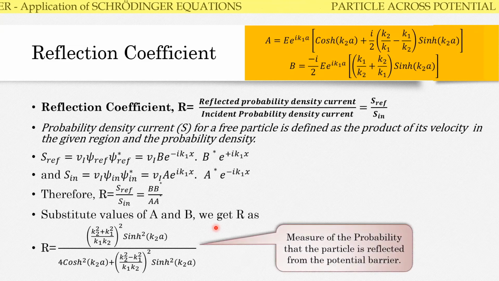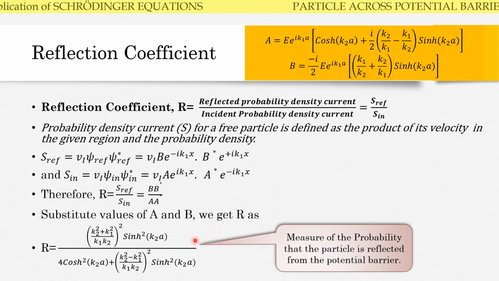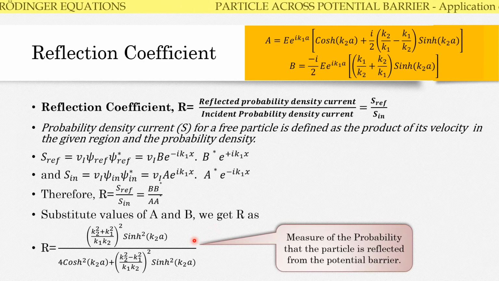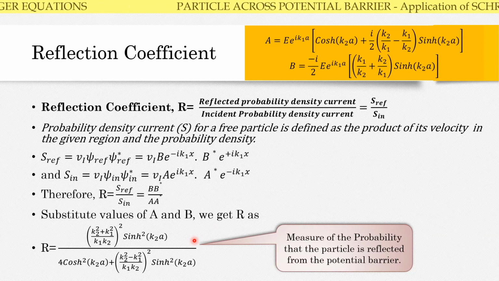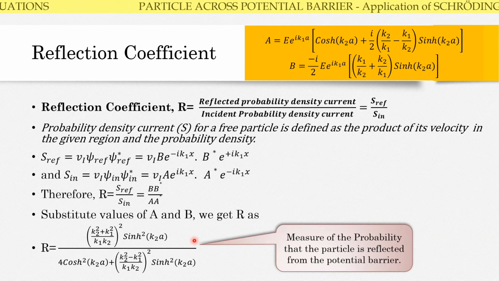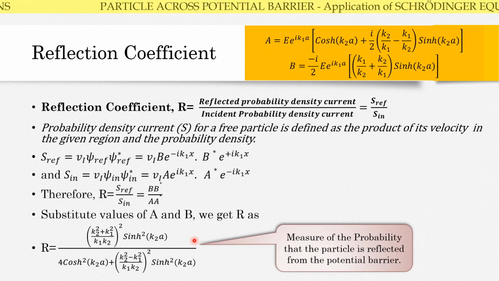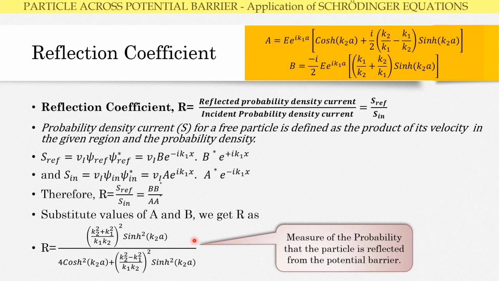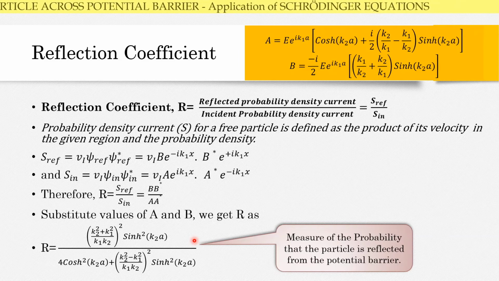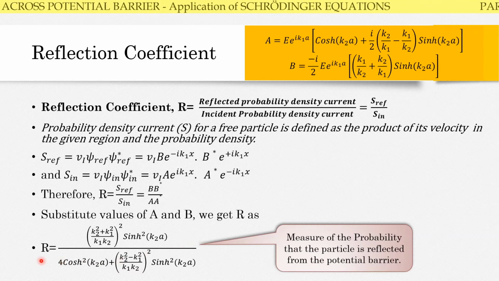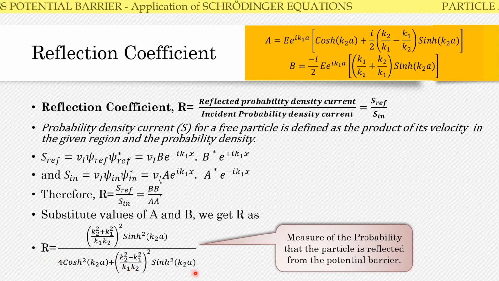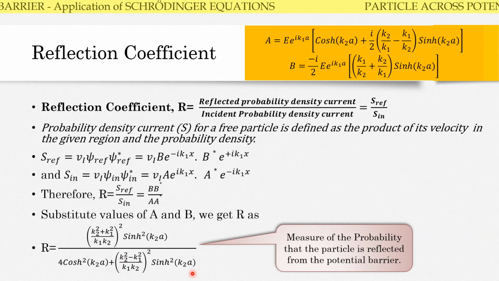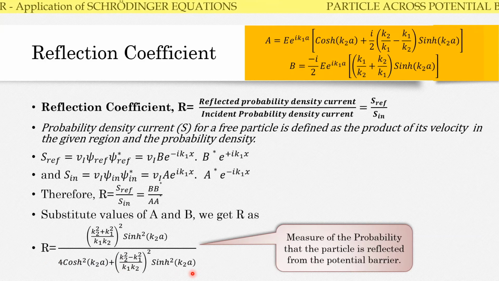See, this is the reflection coefficient, which is a direct measure of the probability, the chances, that the particle is reflected from the potential barrier of height V naught. So if the particle is reflecting back, and the reflection coefficient you can see from here is not 1, it means that the particle does not possess 100% chances of getting reflected back.